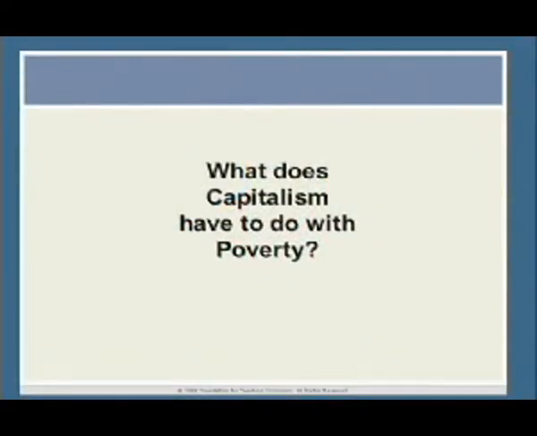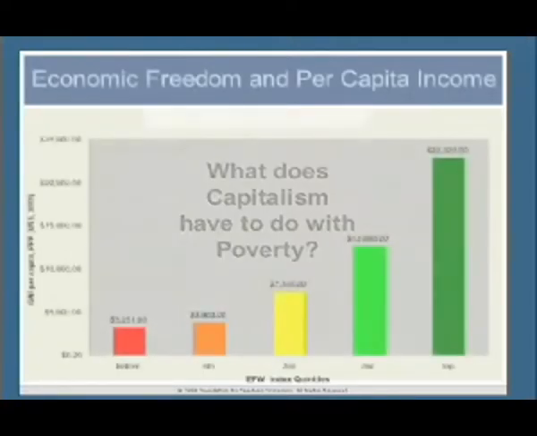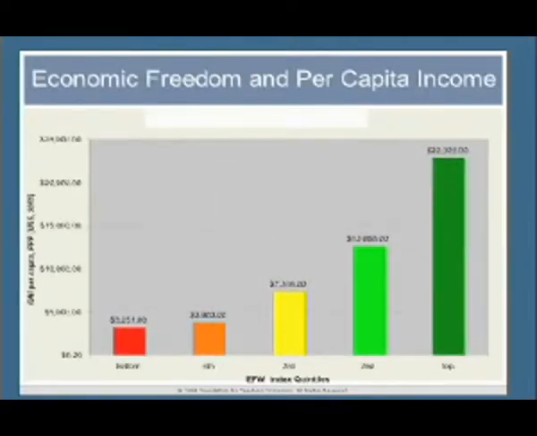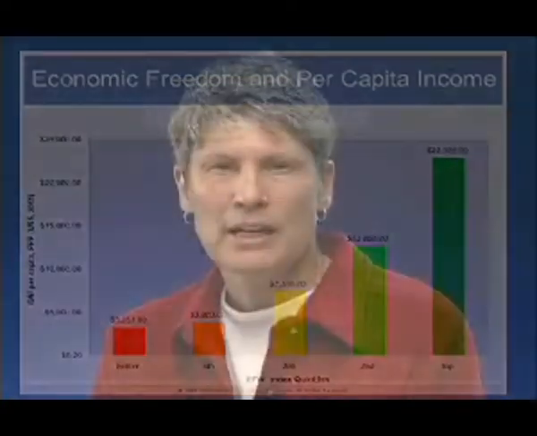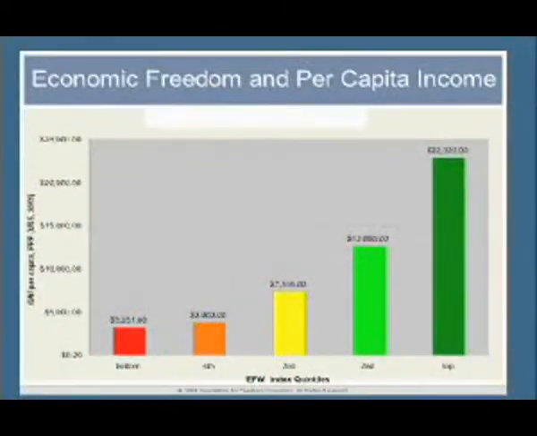The connection to capitalism can be made by showing students a series of graphs created by the Fraser Institute, comparing the status of the poor to the wealth of a country as a whole. If we divide the countries in the world into quintiles, from richest to poorest, we aren't surprised that poor people in the richest countries, the dark green bar, have much higher average incomes than poor people in the poorest countries, the red bar.